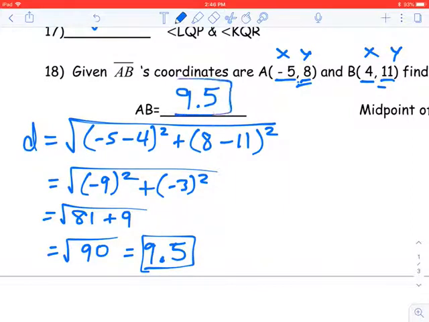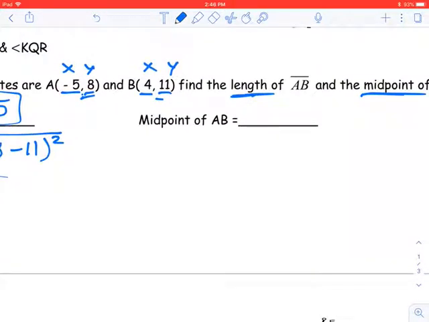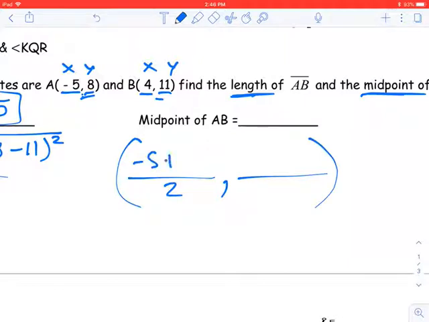That's the length. And then the midpoint, remember, is the average of both points. Okay? So the average of the x's divided by 2, the average of the y. So the average of the x's is negative 5 plus 4. Add them, divide by 2. Add them together, divide by 2. Okay?